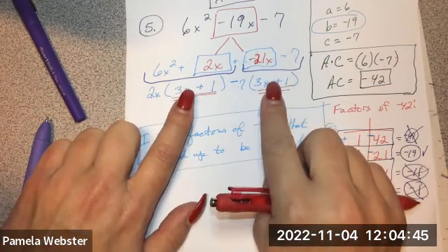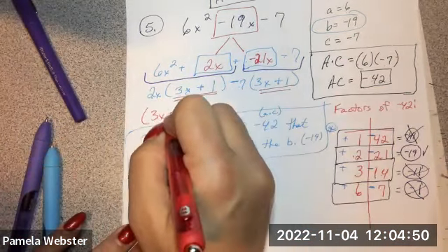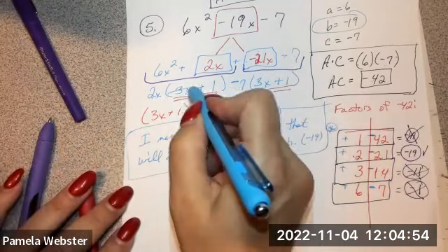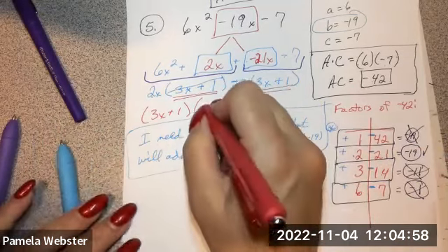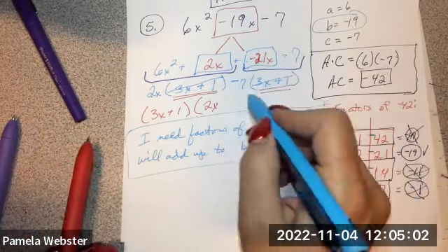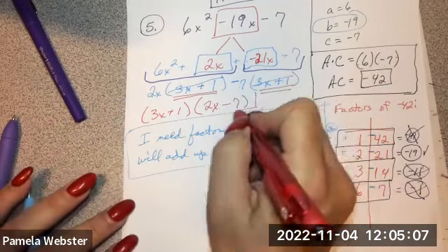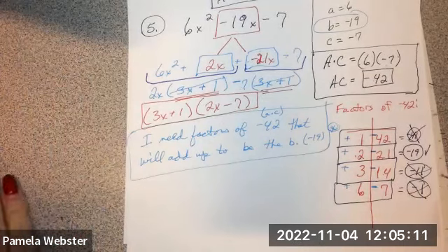Okay, so then I say, what do they have in common? 3x plus 1, pull that out in front. And if I divide this 3x plus 1 out, what was left over here? Just the 2x. And if I divide this 3x plus 1 out, what's left over here? Just the negative 7, right? So there it is. 3x plus 1 times 2x minus 7.